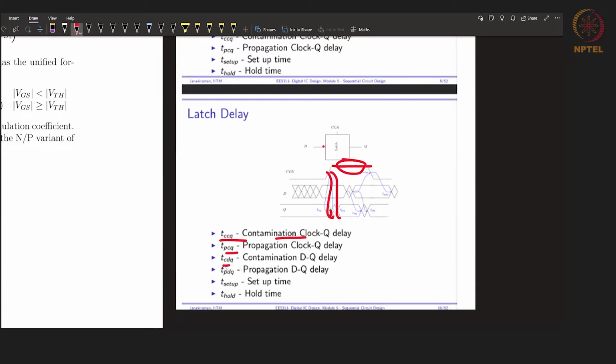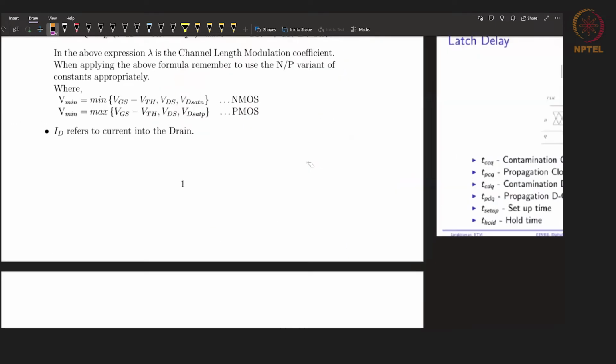So two more new terms, TCDQ and TPDQ, just as the names suggest: the contamination delay from D to Q and the propagation delay from D to Q. Again, you have setup time from the sampling edge, and you have your hold time from the sampling edge again. If you have a positive latch, the sampling edge is the falling edge, right? So now that we've refreshed our terminologies, we will go into the questions.